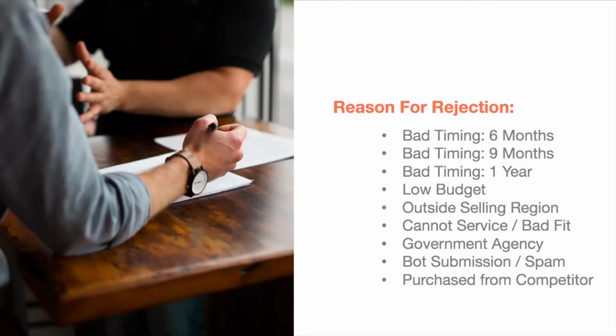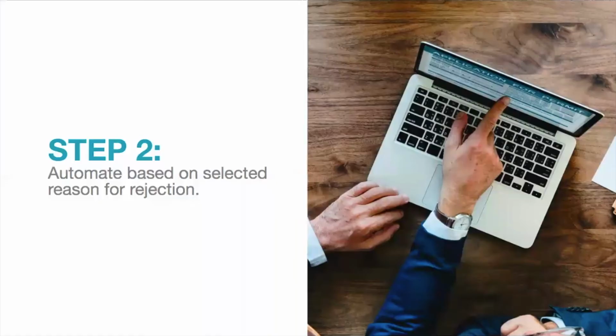So maybe you open up that territory. You can have a workflow that lets the sales rep know all the leads that are in that specific territory, bad fit, government agency, spam, or a purchase from a competitor. I always like in workflows to try and keep it simple at first, maybe just doing a few of these, but I just wanted to give you an overview of all the possible rejections that you could put as these custom properties within that field.